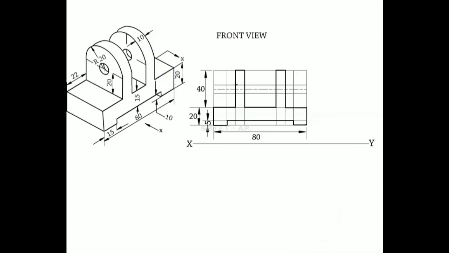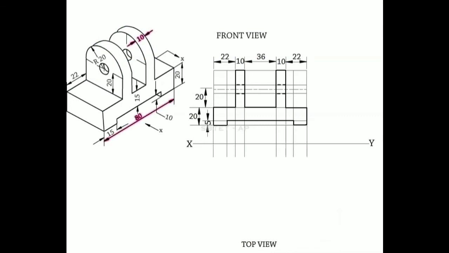Show the hidden details by dotted line and show some of the dimensions. In the front view, the vertical flanges will be seen as a rectangle of size 40 mm by 10 mm. Draw projectors vertically downwards and complete the top view.